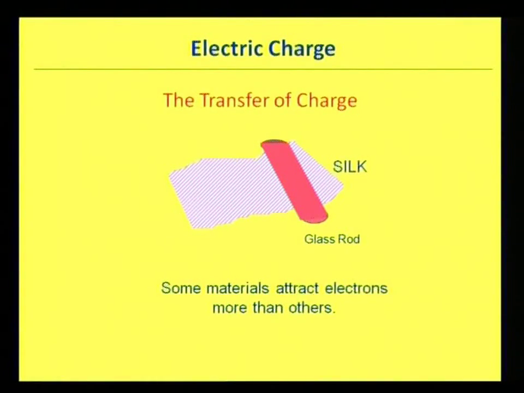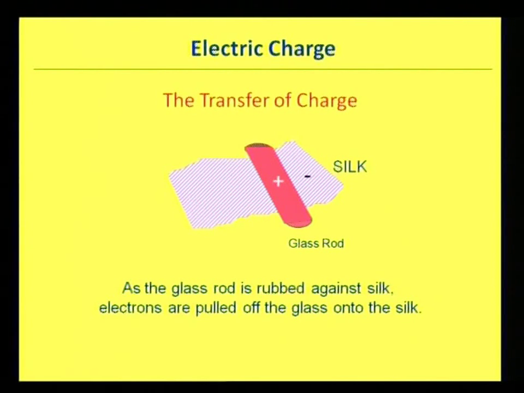So we have different methods to charge an atom. Here is a perfect example. We have a piece of silk and a glass rod. If we rub a glass rod with a piece of silk, then materials like the glass rod will lose electrons, and the piece of silk will be negatively charged because the electrons move from the glass rod to the silk by rubbing.